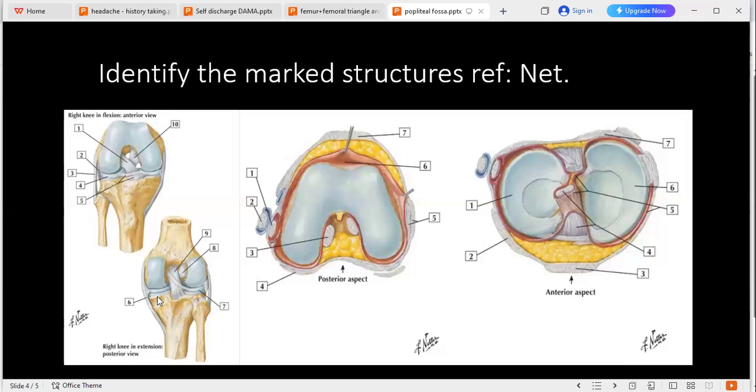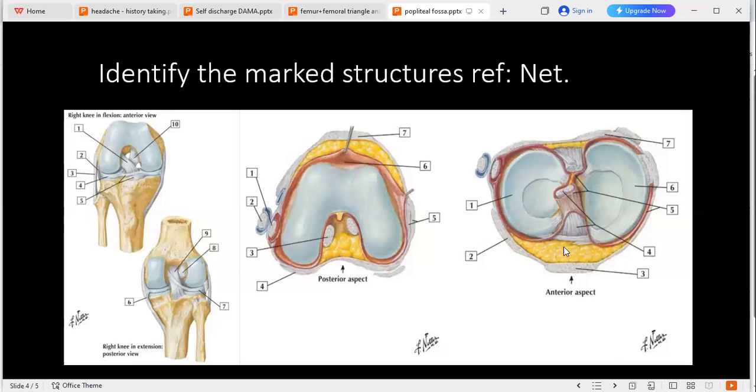Okay, right. Please tell me if you could see the structures present in the anterior aspect and the posterior aspect on the right hand side and the middle. If you could identify all these structures, what is this number 1? Lateral condyle of tibia.